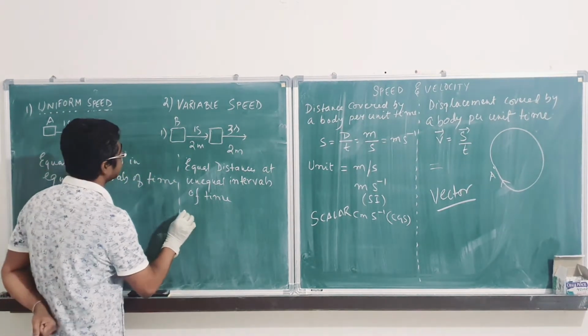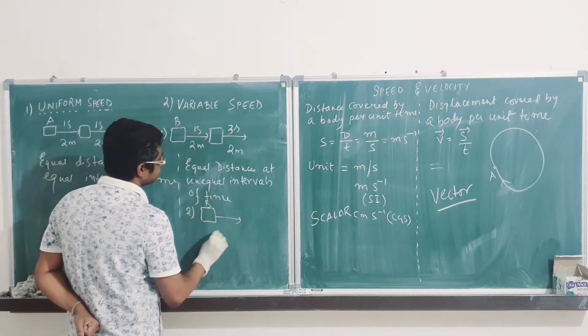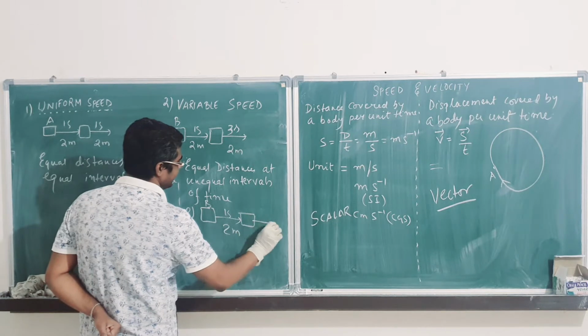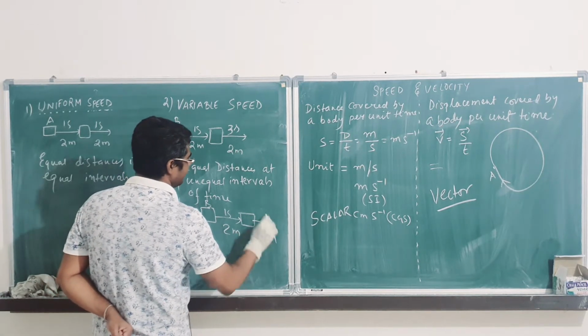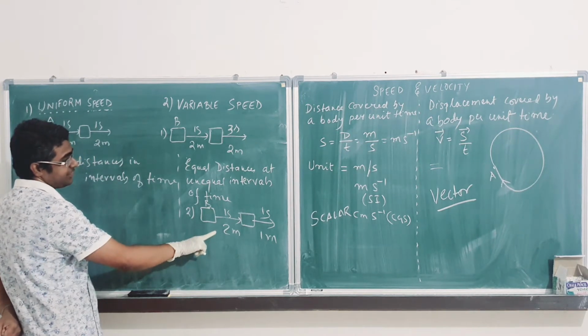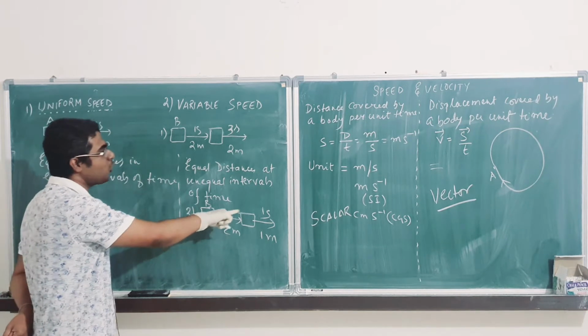And one more case can be, see, this is B. It covers 2 meter in 1 second, then again it covers 1 meter in 1 second. Okay, and if you see, now it is covering unequal distances at equal intervals of time.